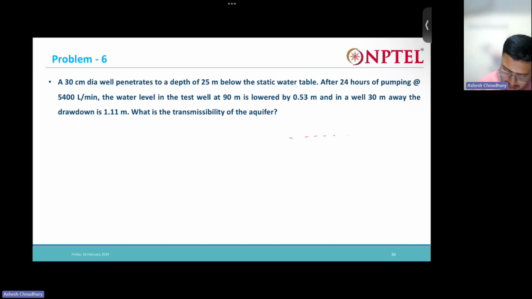Say this is the static water table. There is a well that penetrates 25 meters below the static water, after 24 hours of pumping at a constant rate of 5,400 liters per minute.